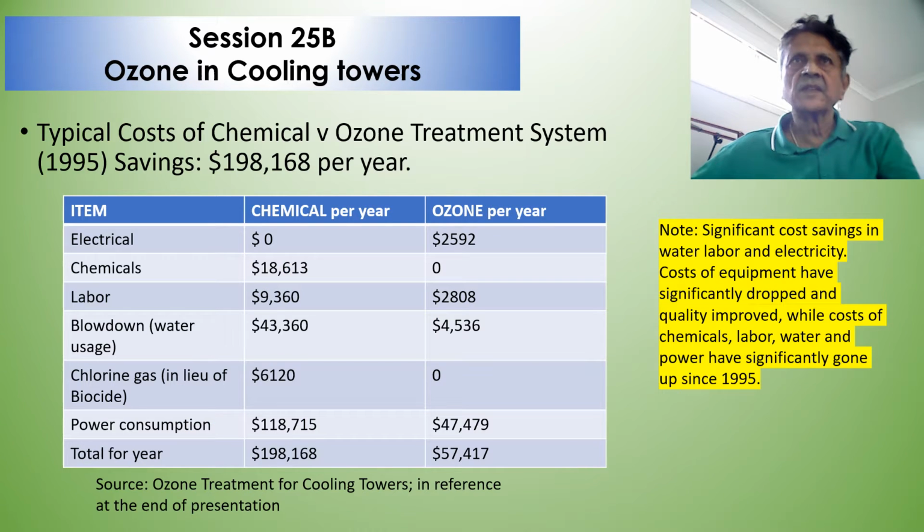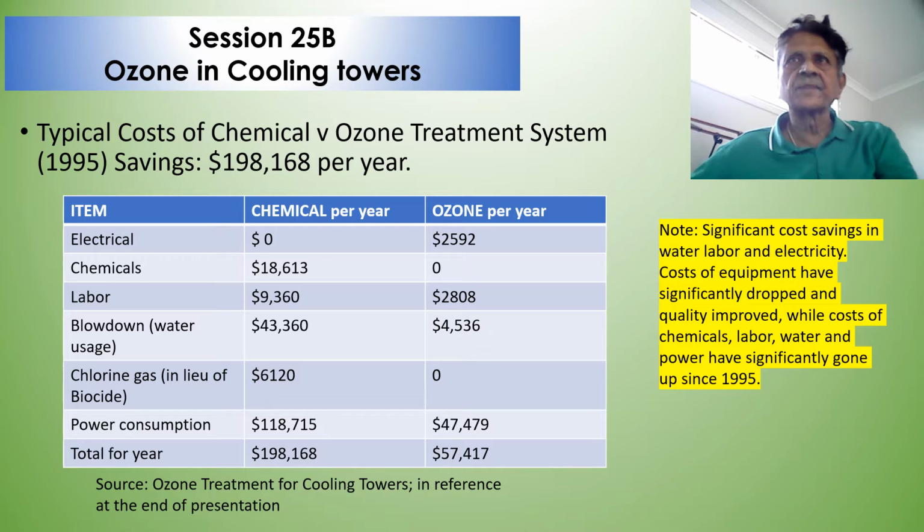This table represents the real time operation cost for chemical as well as for ozone on the same towers. The source is given in the reference at the end of the presentation.